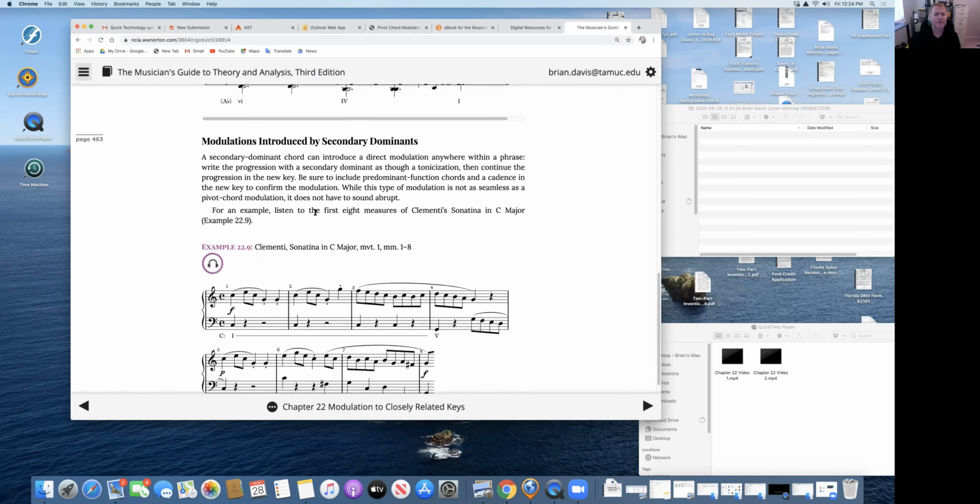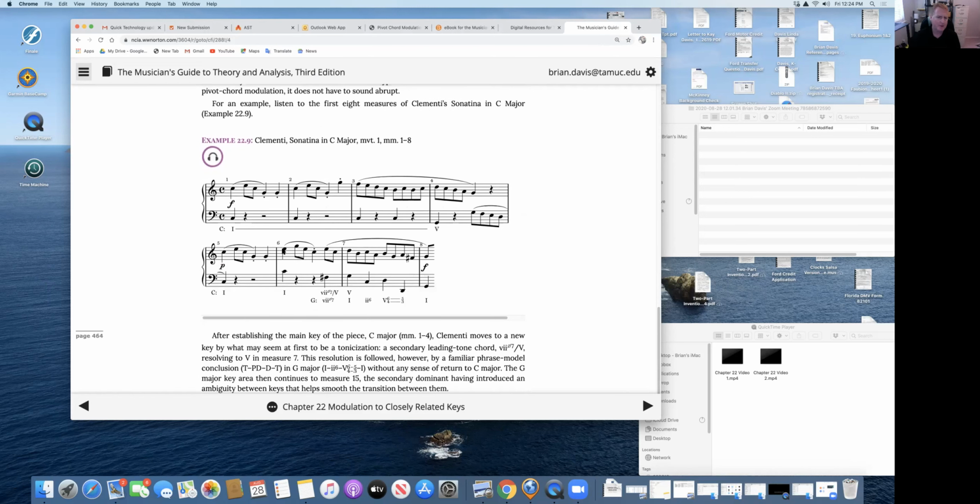It is kind of introduced by a secondary dominant, but you see you're in C major all the way even into the beginning of measure 6, and then right here on beat 4, you basically have the vii, this leading tone going to the new key G major. So F sharp to G, and then you just stay in G major. He keeps with the F sharp, so he's establishing this key.